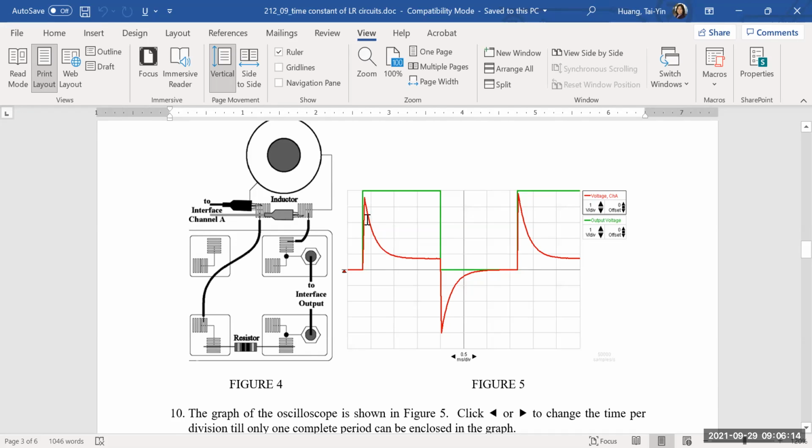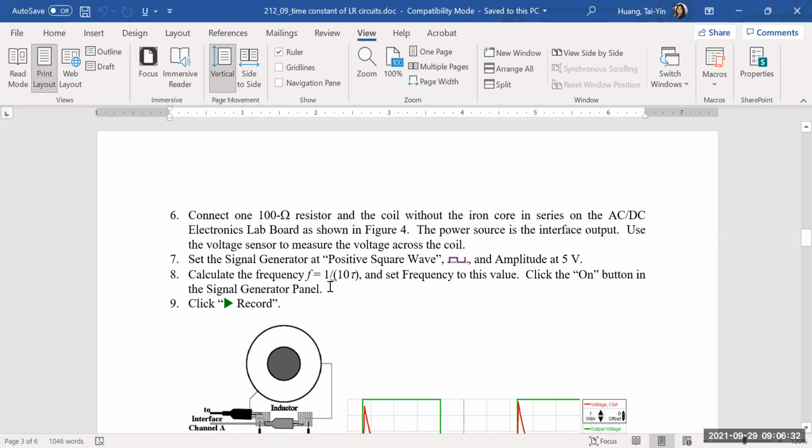After you set this up, you also need to calculate the time constant, and then calculate 10 times the time constant. Then you're going to key in the frequency in the program, and we're going to use a frequency that's 1/10 of the time constant.